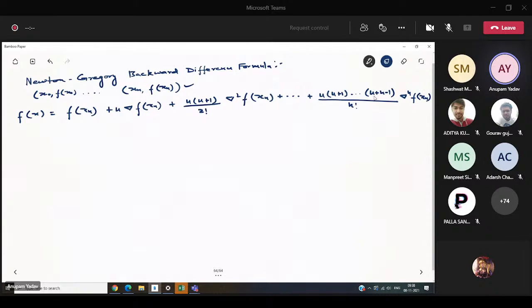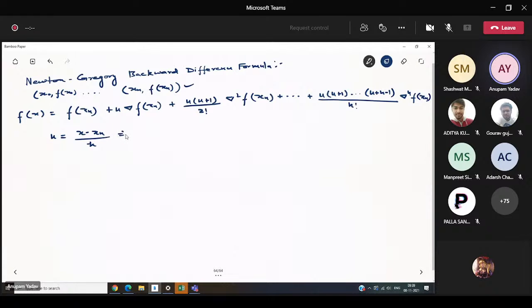So this is the formula where we already know u is nothing but u equals (x minus xn) divided by h.